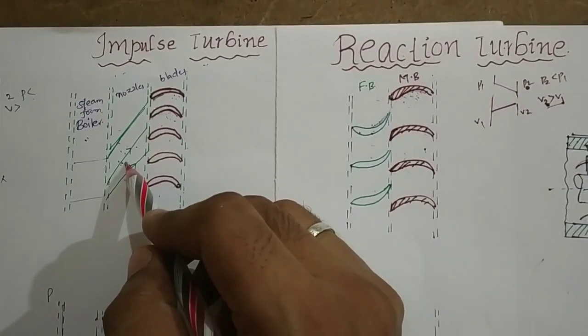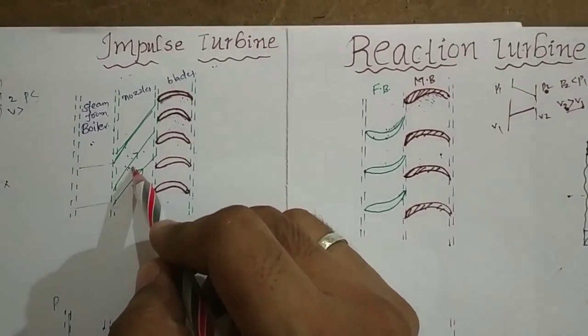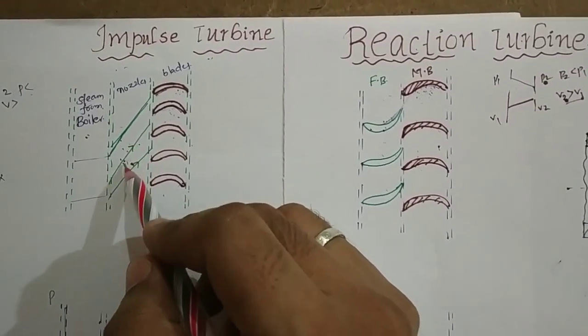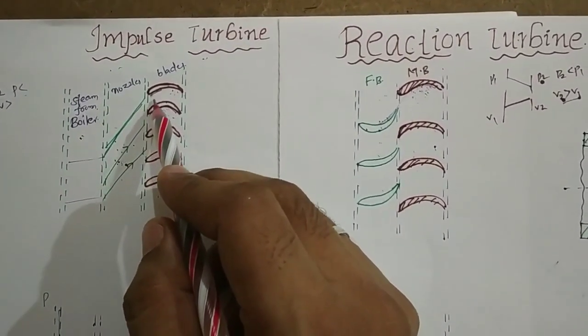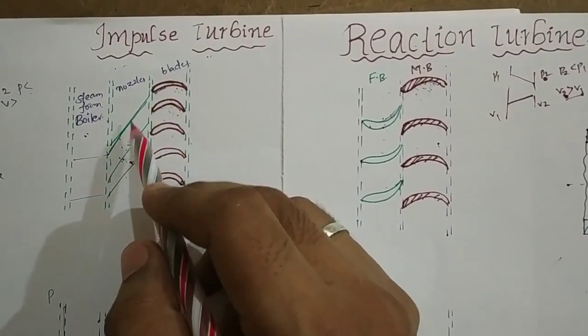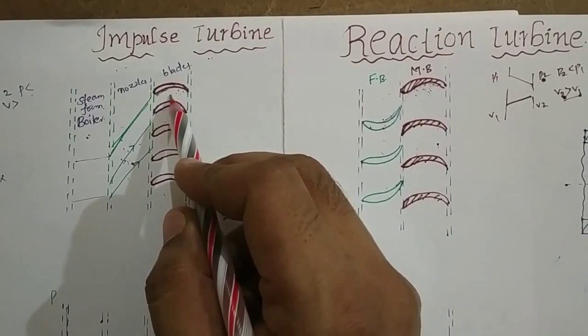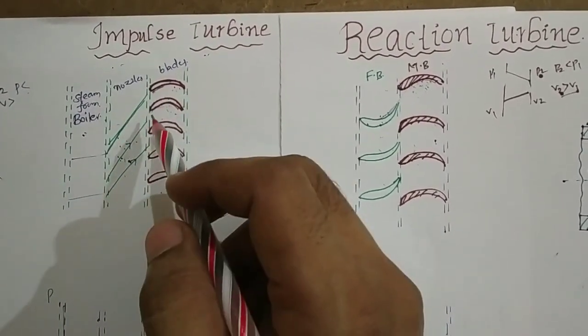Whatever pressure is decreased is utilized to increase the velocity of the steam, and when this high velocity steam touches the blades, expansion will take place in the blades, and because of that expansion the blades rotate.